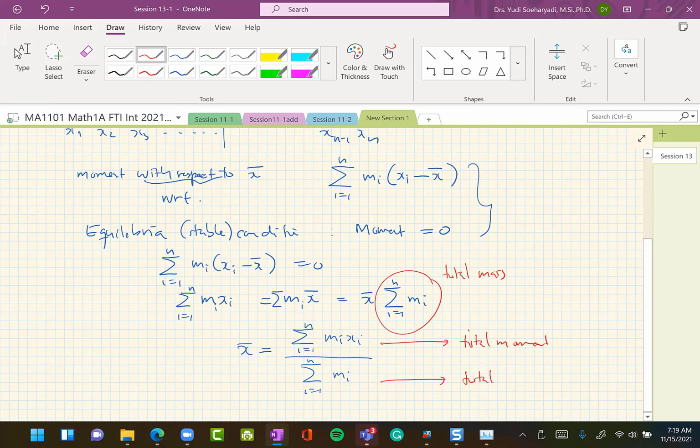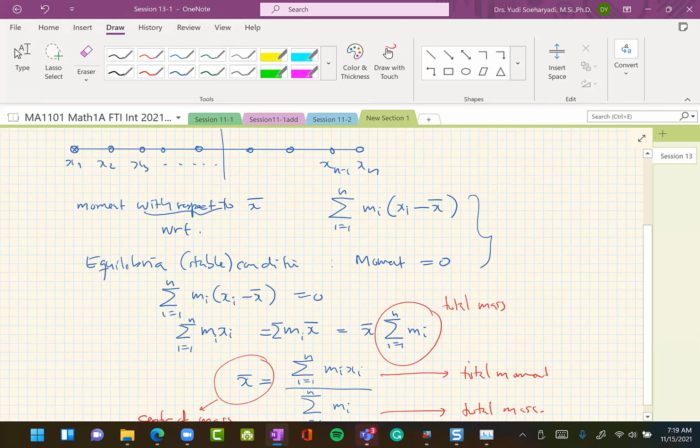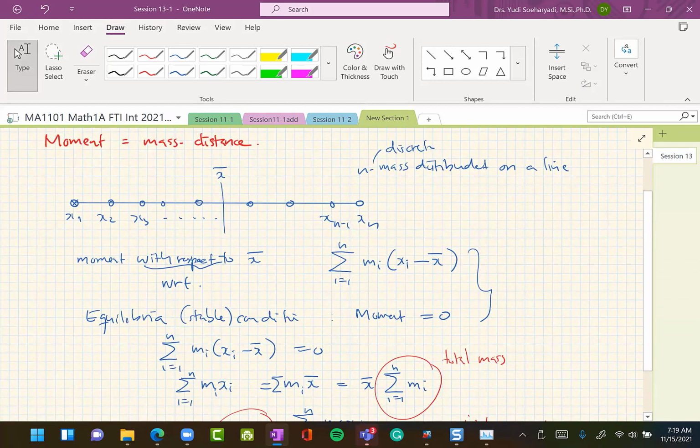In this case, x bar is called the center of mass. So now you get a formula for the center of mass.